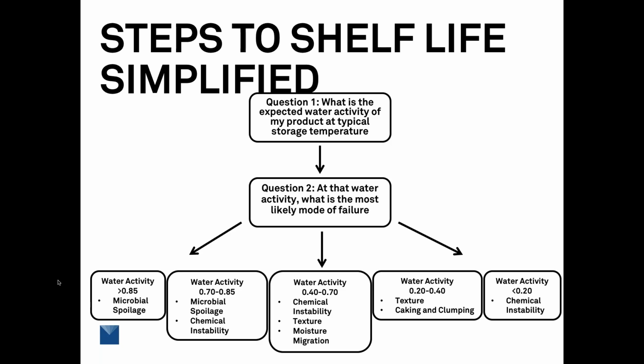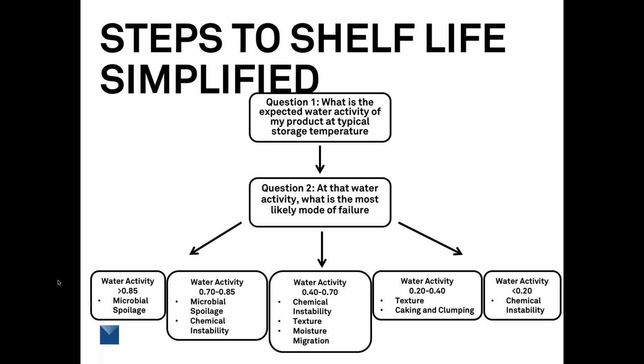If you drop down to 0.7 to 0.85, at these a little bit lower water activities, you're still going to be concerned about microbial spoilage because mold can still grow, but also chemical instability could become a problem.